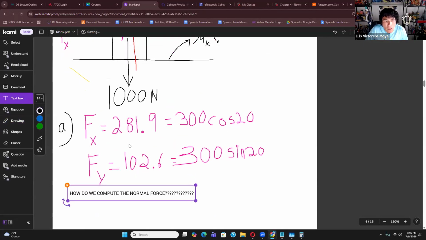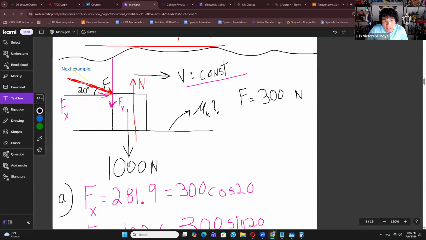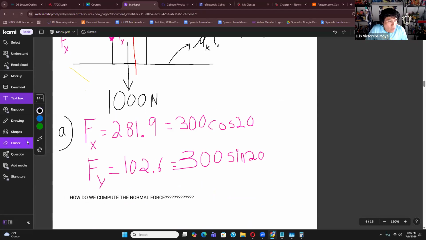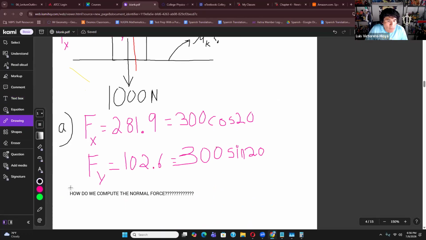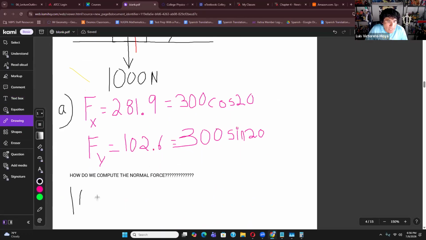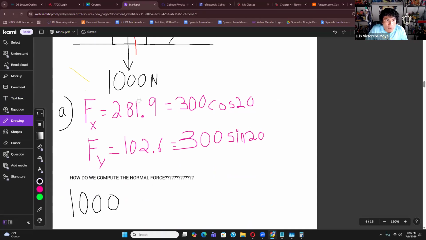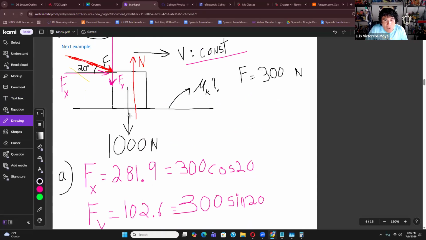So you do this. 1,000 is only moving horizontally, right? Vertically, there is no motion. So whatever force is going down, which is 1,000, has to be equal to whatever force is going up. But down is 1,000 and Fy.